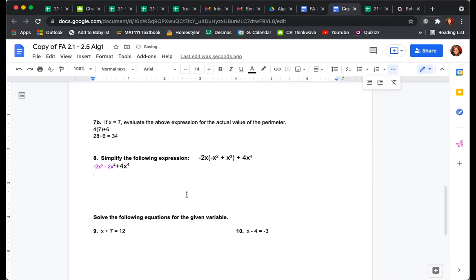And then you would combine your like terms. You would have negative 2x cubed plus 2x to the fourth.